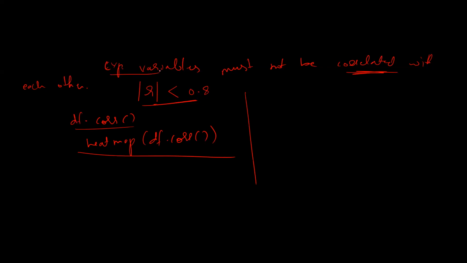It only talks about your explanatory variables, basically your x1, x2, x3, correct? And you have y, but this rule doesn't talk anything about y.